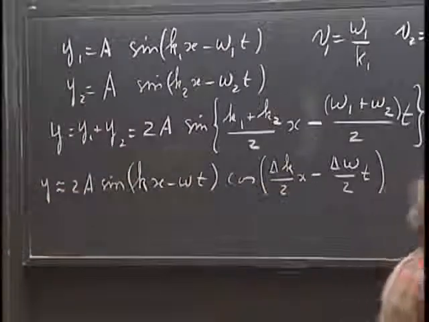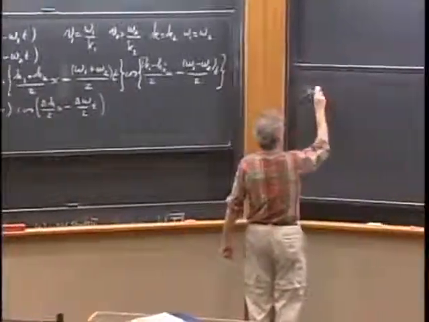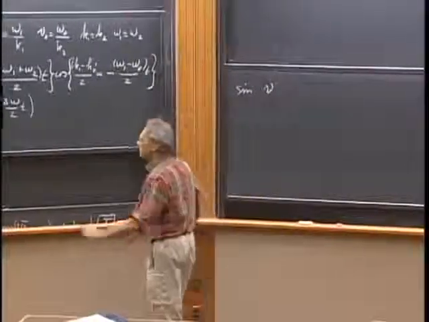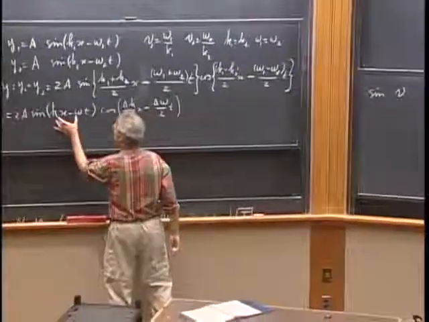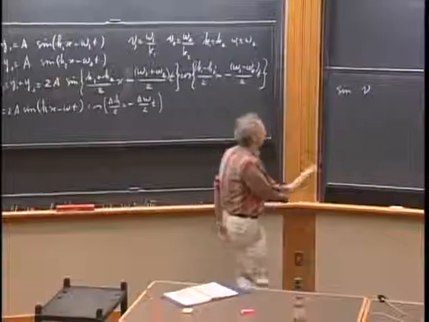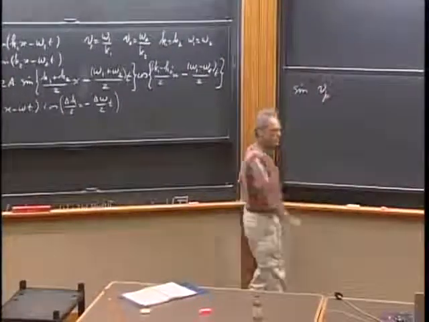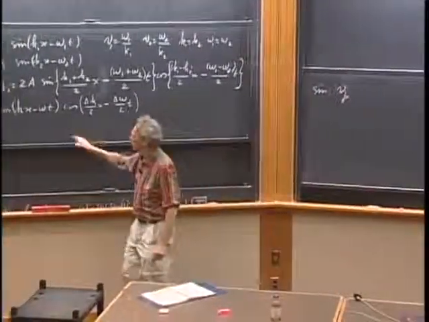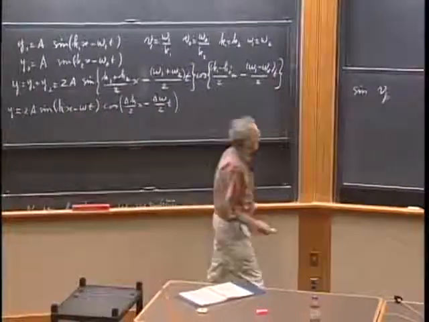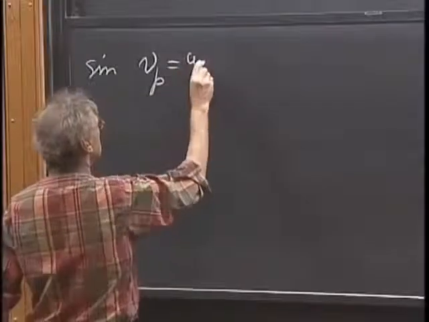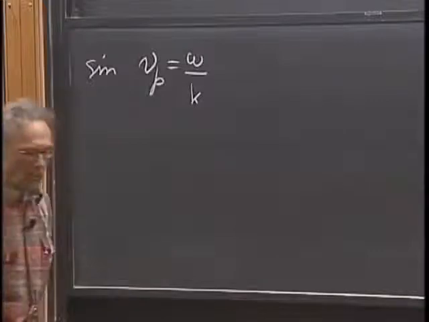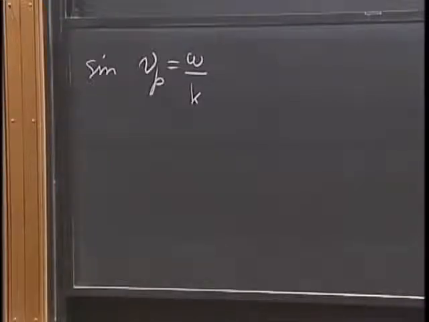And that sine alone has a velocity. This wave is a traveling wave, has a velocity which I'm going to call the phase velocity with a p. That's our definition of phase velocity, which is omega divided by k. So when you see that wave moving, it will move with that speed.